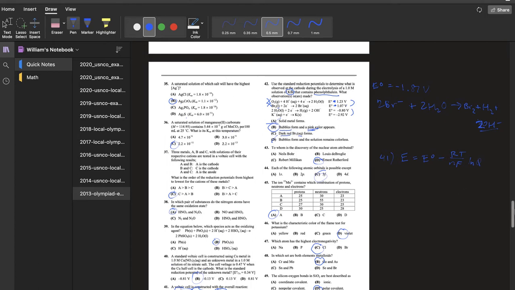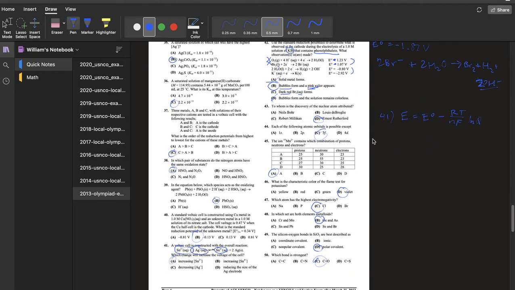Okay, moving on to 43. This is what I was talking about earlier when it's literally just memorization. Rutherford shot the alpha particles, right? And he discovered that the atom is mostly empty space with a centralized positive mass in the nucleus and electrons scattered around the nucleus.